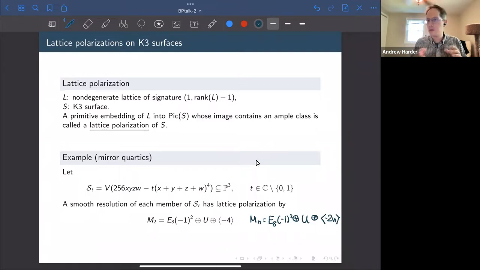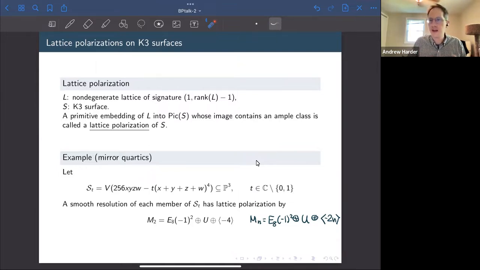This is just a fact, but that being said, this dense subset is not open. So most points inside of this space, this family of K3 surfaces, actually have Picard lattice equal to M2. Okay, so that's lattice polarization.